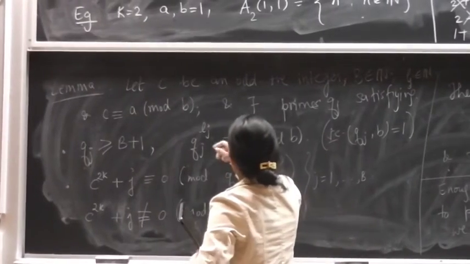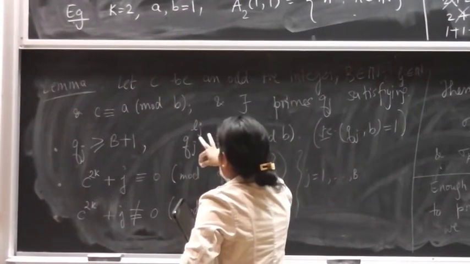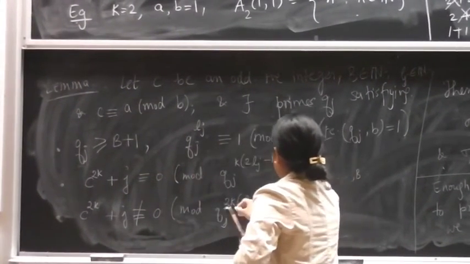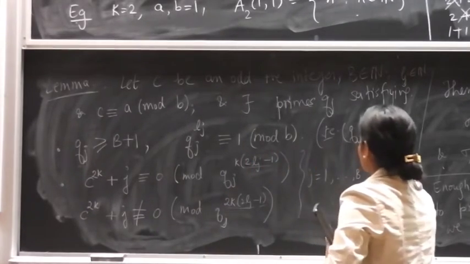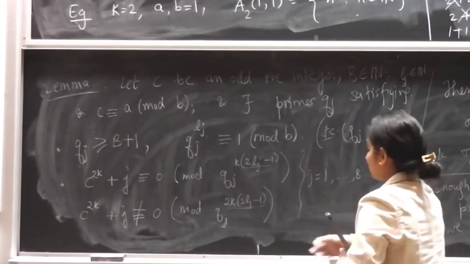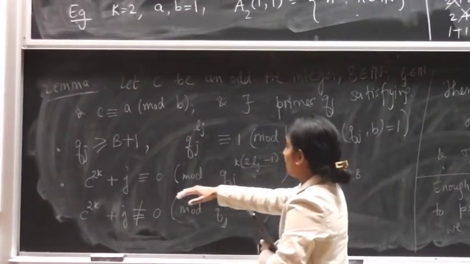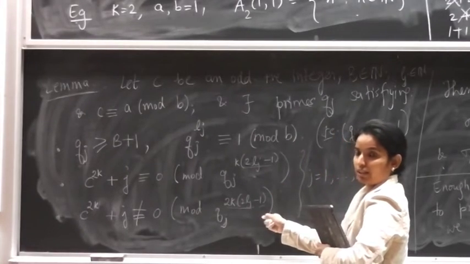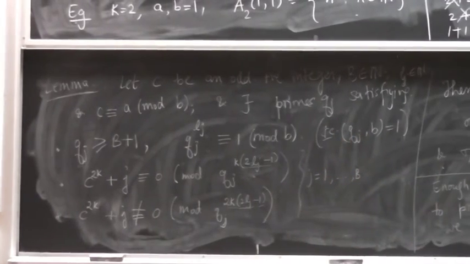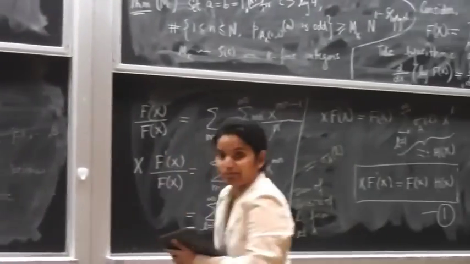I won't go into the detail, but this is exactly where we have to use Hensel's lemma to come up with these primes, because we want these congruences modulo higher powers. Okay, I think I'll stop.